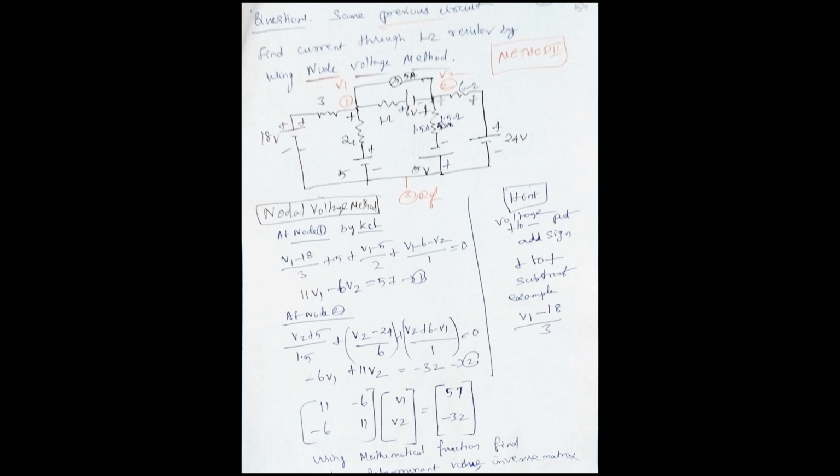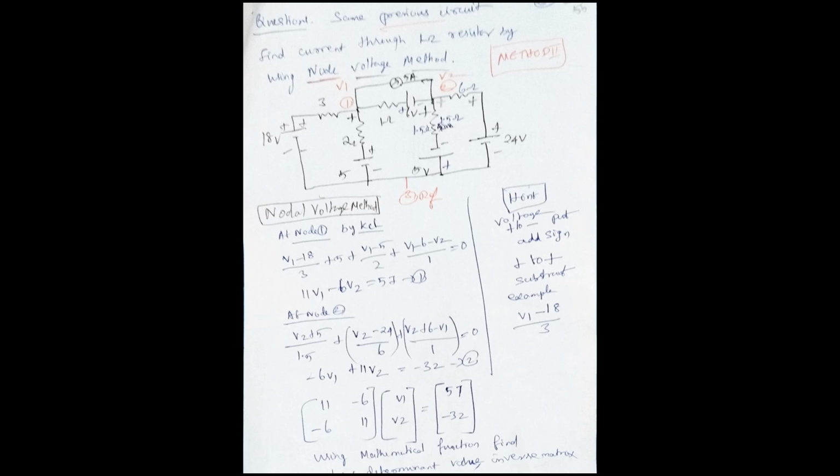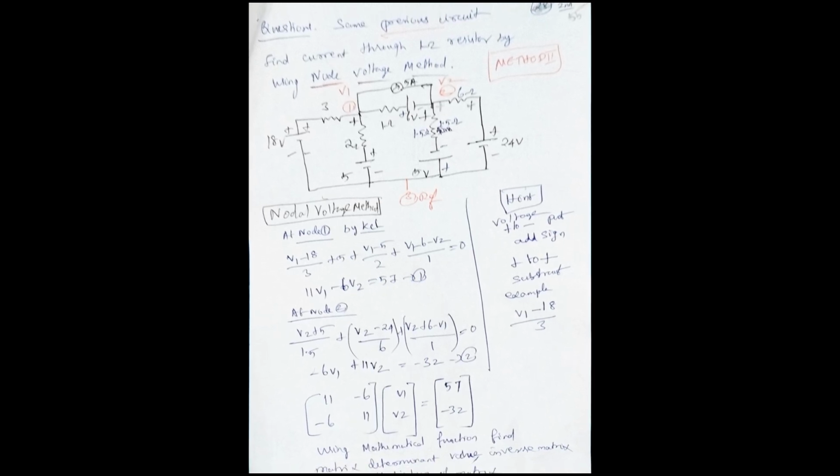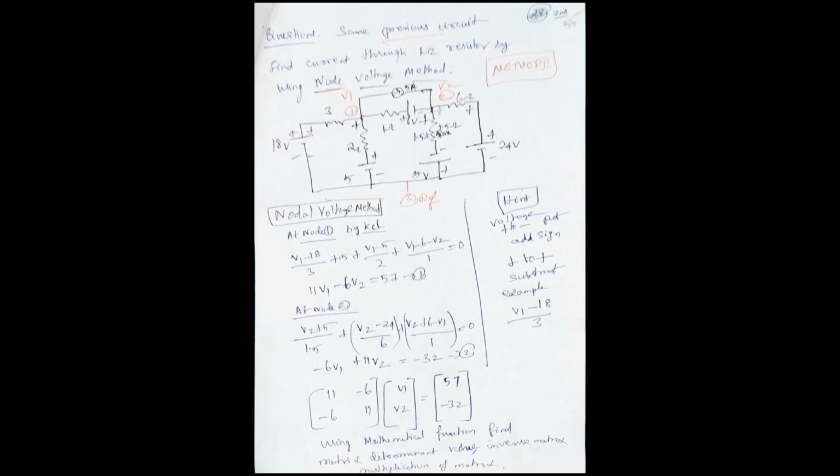At node 2, how to form the equation. Consider node 2, which consists of the 24 volt source, the 5 volt source, the 6 ohm resistance, the 6 volt source, the 1.5 ohm resistance, the 1 ohm resistance, and the V1 nodal voltage.